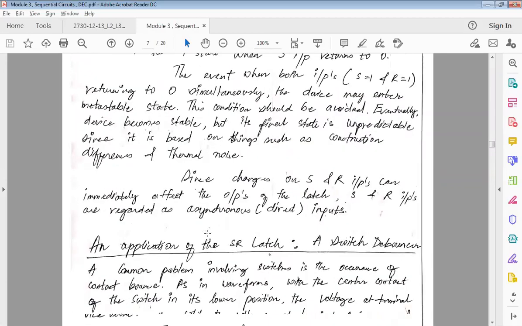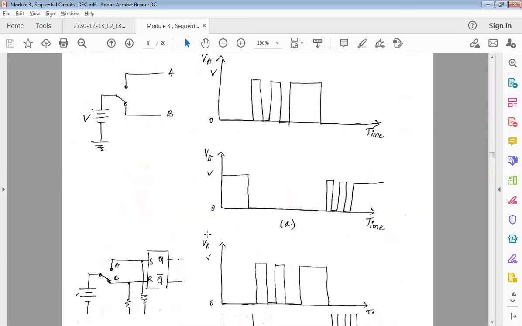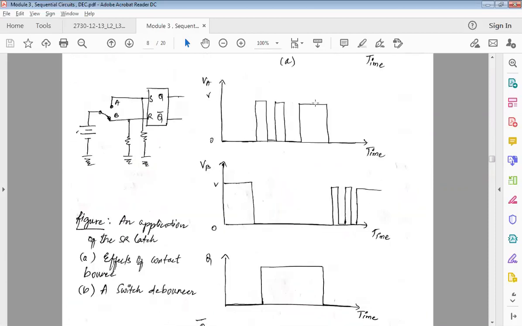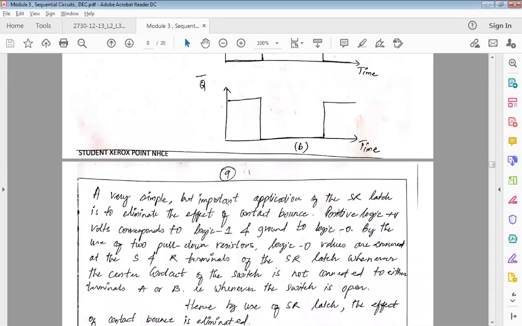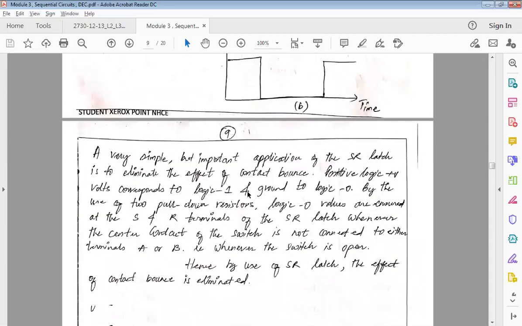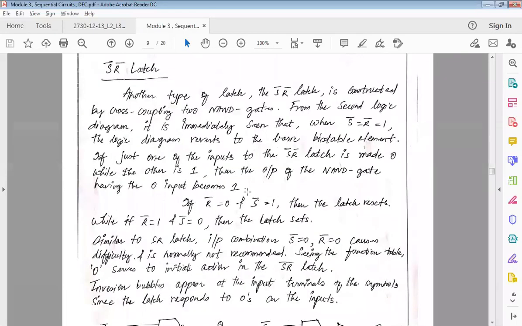That means it's a toggling state. I don't need this kind of on-off states. I need states which are actually stable like this. Another type of latch, the S bar R bar latch, is constructed by cross-coupling NAND gates.